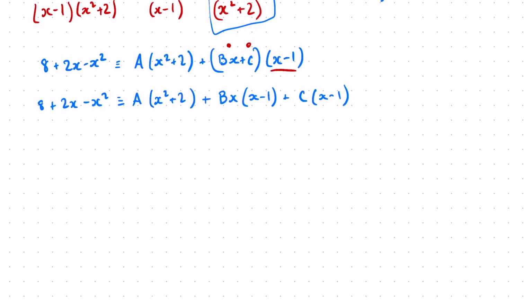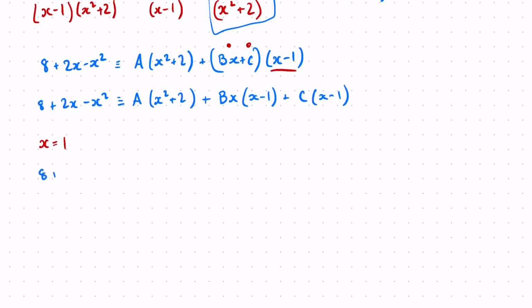So, first of all, I'm going to cancel out my B and C term by making the x minus 1 bracket become 0. So to do that, I'm going to say that x equals 1, which is going to make B's and C's disappear.